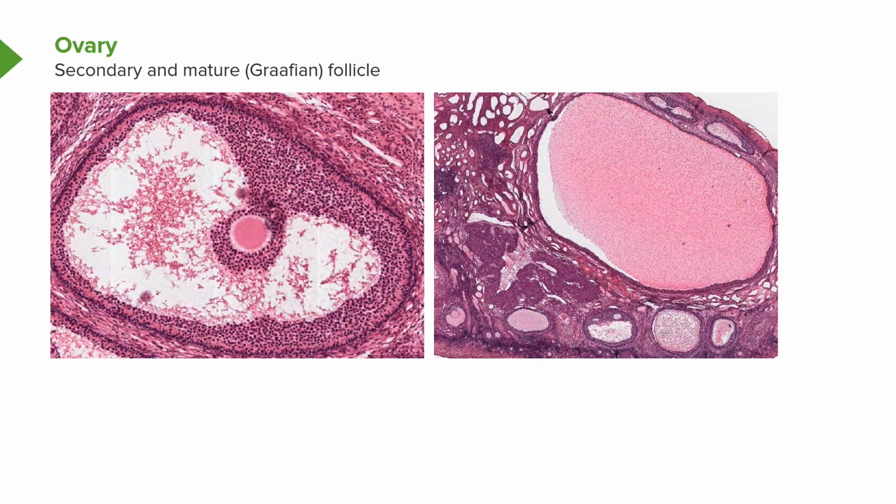Look at the oocyte. You can see the clear stained zona pellucida around it, and the oocyte's bright pink stain in this section. The cluster of granulosa cells around the oocyte are a group of cells we term the corona radiata, the crown around the oocyte.